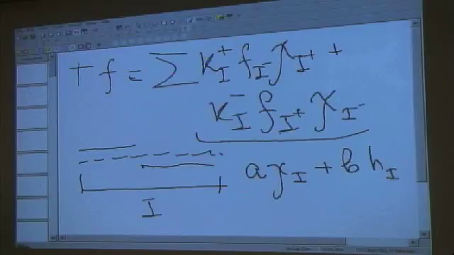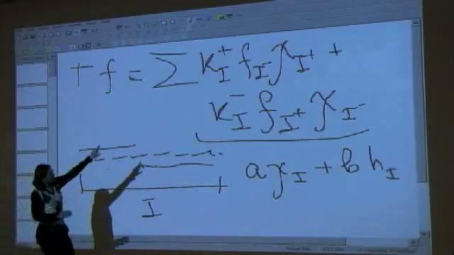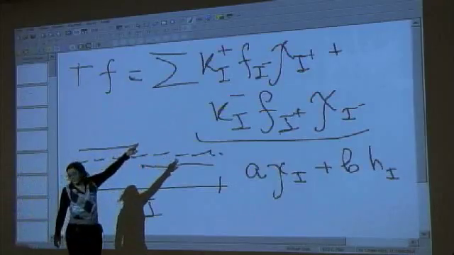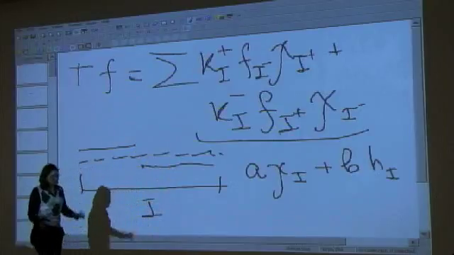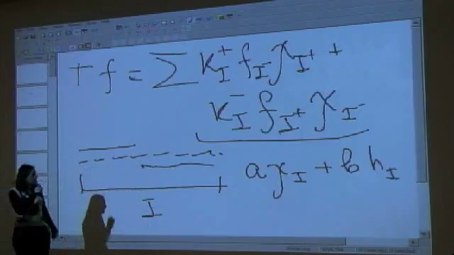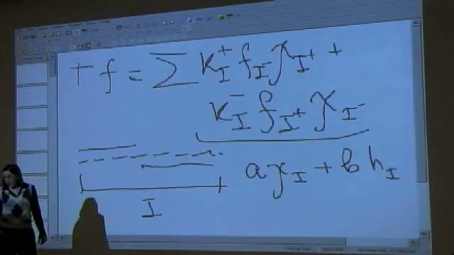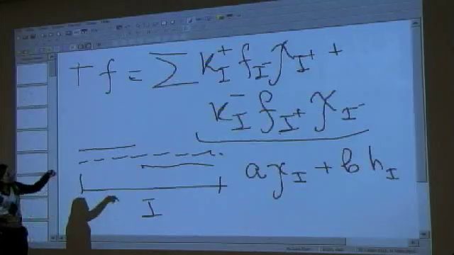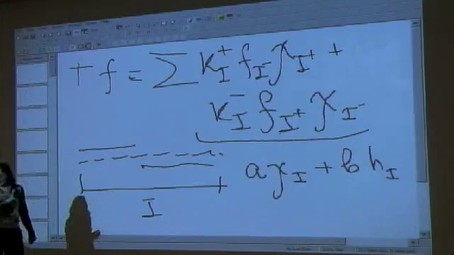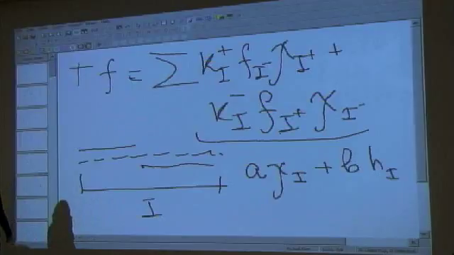A and B are the average of K_I plus and K_I minus, and the difference, times the integral of F over I plus and I minus, which we can also represent in a very similar way as a certain coefficient times F dot the characteristic function, plus F dot the Haar function.